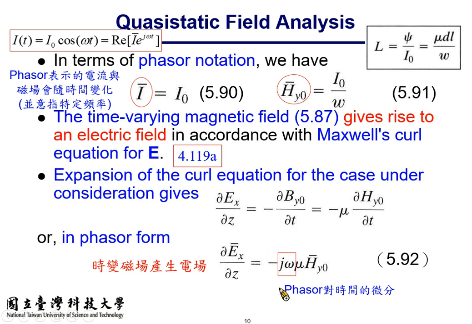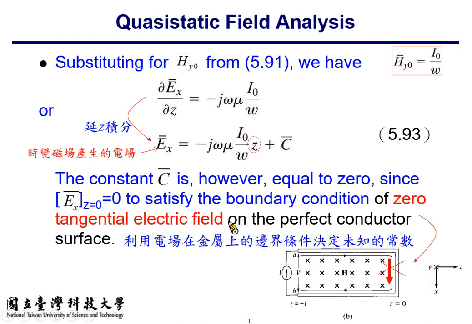Then what is the result of taking the spatial integration on the right-hand side? Because on the right-hand side, there is no dependence on Z, the integration of this with respect to Z is simply this term, adding this term, right? With another constant, okay? That's what you have for performing integration.